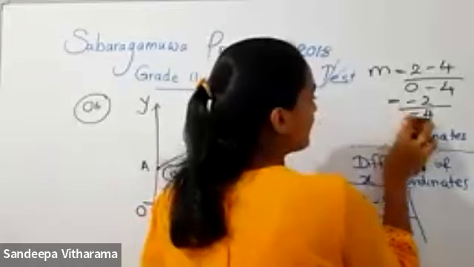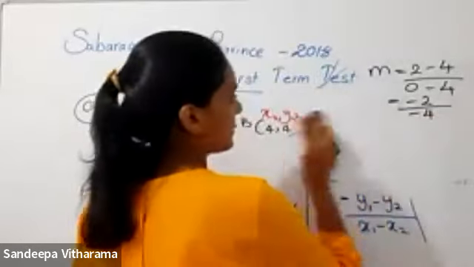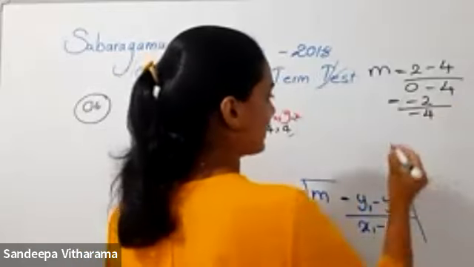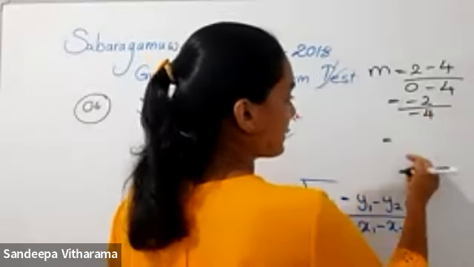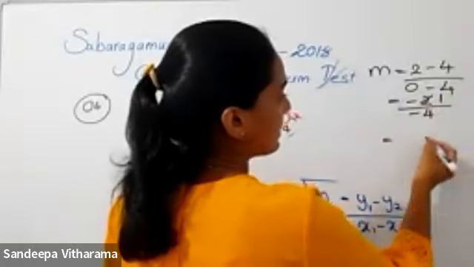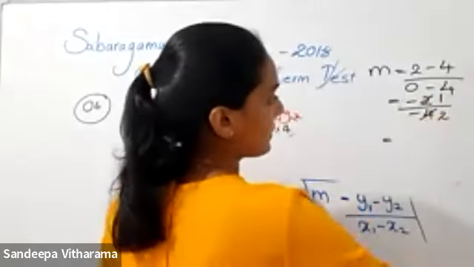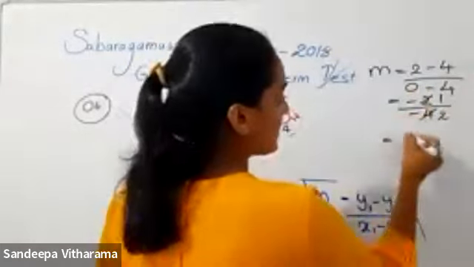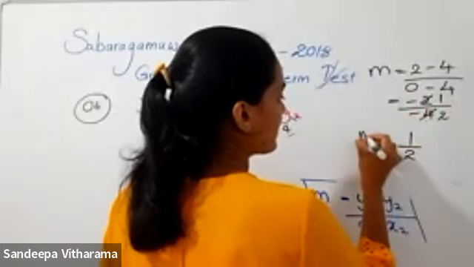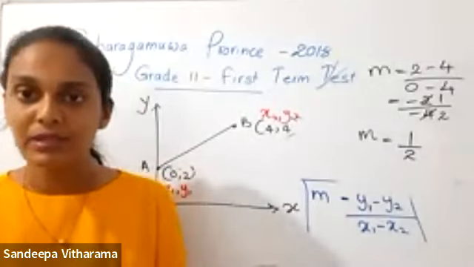It is the division of two negative numbers. Negative numbers දෙකක් බෙදනකොට මොකද වෙන්නේ? The answer becomes positive. Then this is 2/4. 2 can be divided by 2, which is 1. 4 can be divided by 2, which is 1. Negative to negative cancel. So m is obtained as, or the gradient is obtained as 1/2.